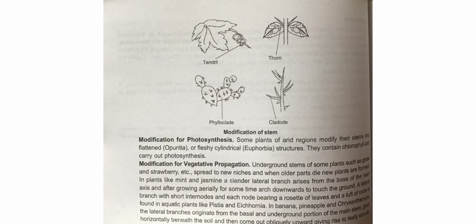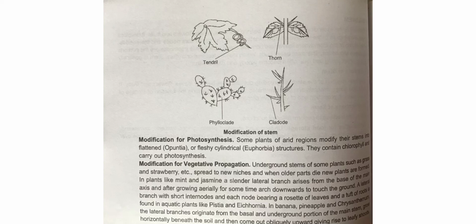So in this way the examples are very important to remember, and which type of modification is seen, whether for photosynthesis or support or food storage, and even which part of the stem is modified. So three things are important.